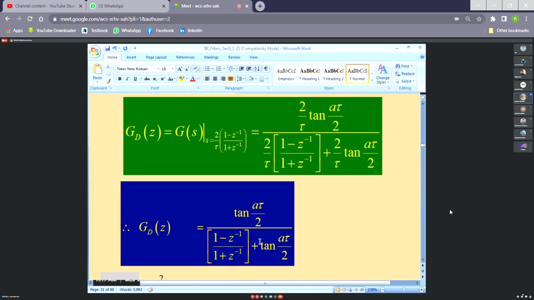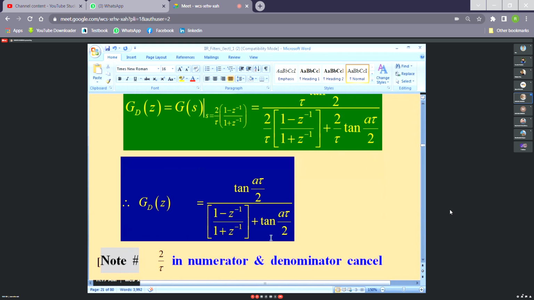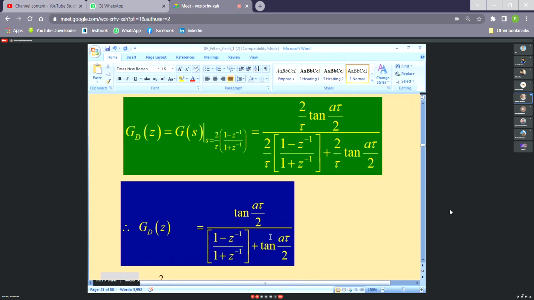It can be simplified further. You have to simplify it further and obtain the transfer function. But I have not done that because it's simply an algebraic process. But what I wanted to point out here is that this 2 by tau in the numerator and denominator have cancelled out. This is not a mere coincidence.